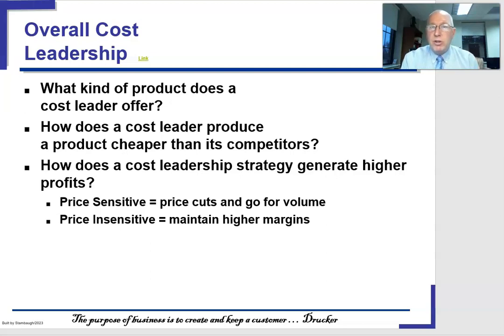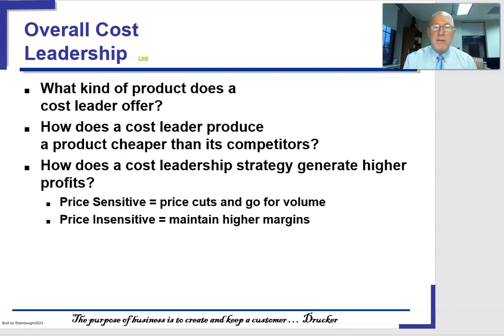I mean, there are usually one or two students in an undergraduate class that will say, yeah, I actually think I like Little Caesars the best. The rest of the class is going like this. Nope. And so I think arguably those companies aren't offering the industry standard product, but they're focusing on very price conscious customers, and it works for them. And in that case, they are running a focused cost leadership.